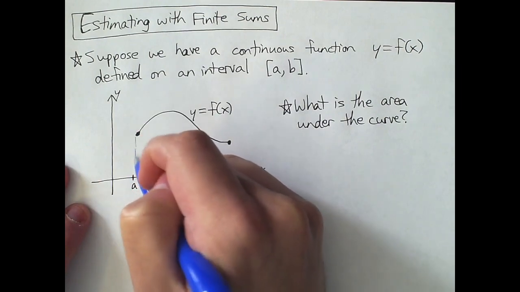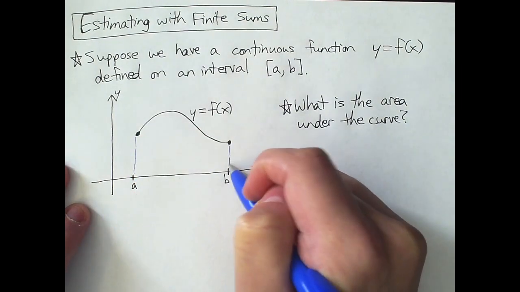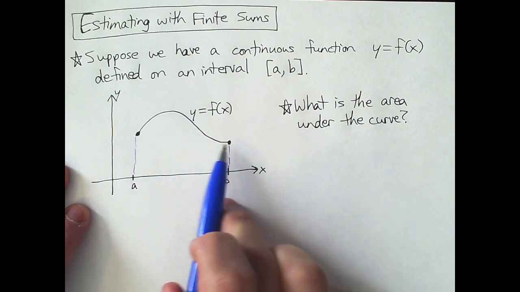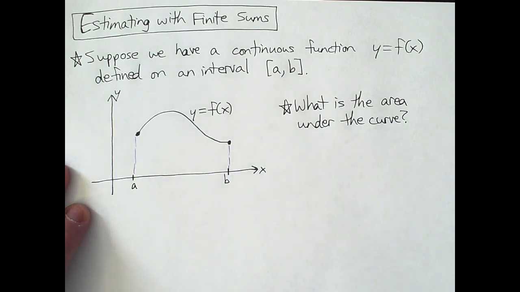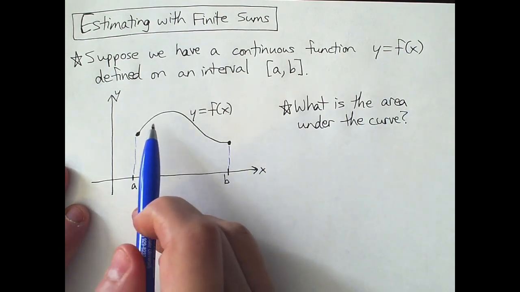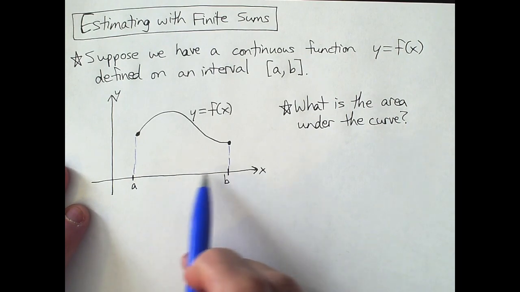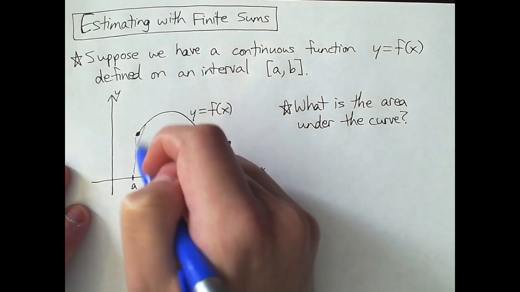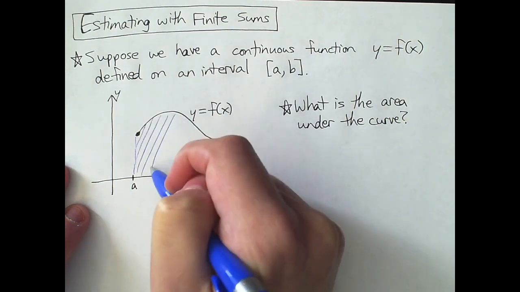We could say that the area under the curve, I guess if you say everything under this curve, well, it keeps going down and down and down forever, right? So when we ask this question, what we really mean is what's the area under the curve but above the x-axis? And you see we're creating this region here.